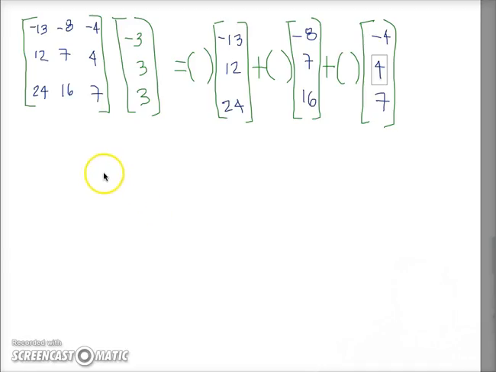So now we consider the other eigenvector, and the value 2 associated with that eigenvector. We're multiplying the matrix times the column vector minus 3, 3, and 3. That means we have a linear combination of the columns of the matrix where the scalars are given by minus 3, 3, and 3.